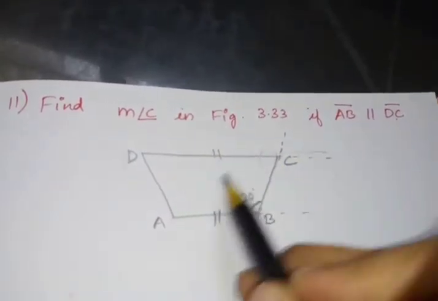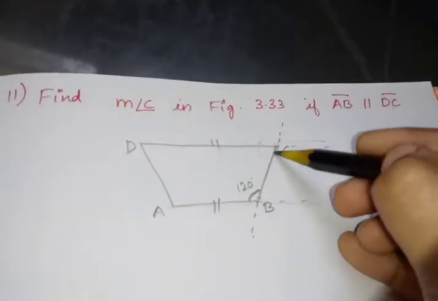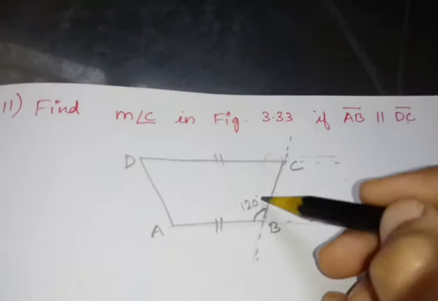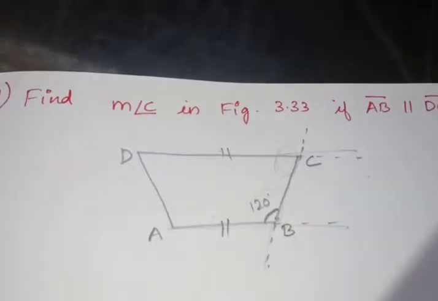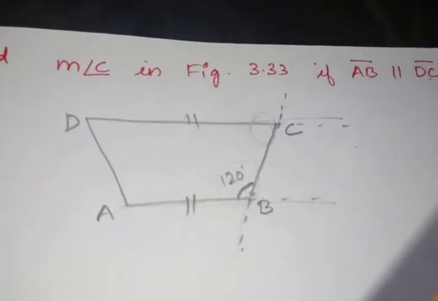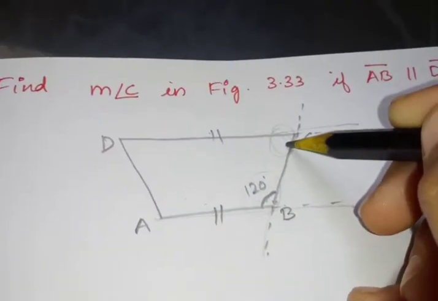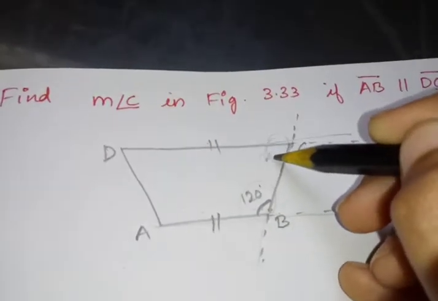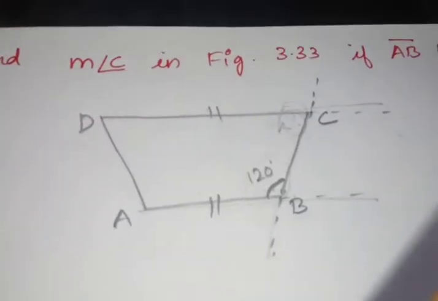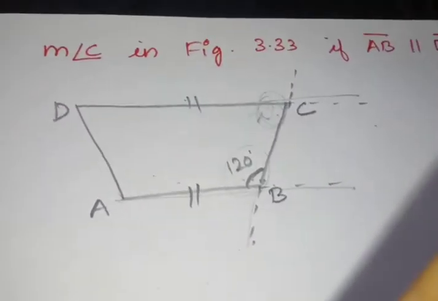So this angle and this angle are on the same side of the transversal. If you add these two angles, we get 180. We don't know this angle, but we can easily find it.